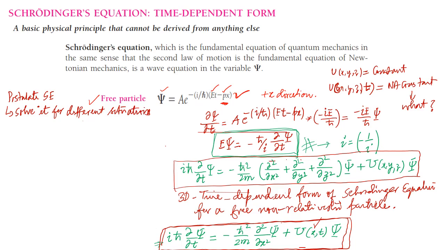When I say different situations, that means different kinds of arbitrary forces acting on the system. Once we solve it, we get the expression for psi, and once we get psi, we can find the mod square psi, and then we can find certain properties.